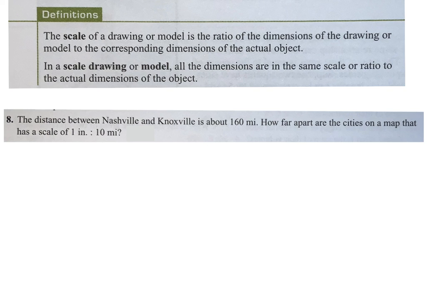How far apart are the cities on a map that has a scale of 1 to 10? All right, so if it's a 1 to 10 scale and they're actually 160 miles apart, how far apart are they on the map? Well, it's a ratio. 1 to 10, that's 1 inch to 10 miles equals how many inches to 160 miles?